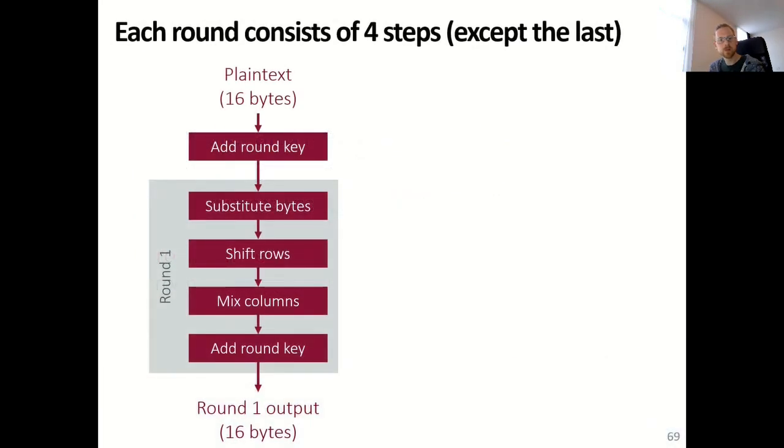So as a brief reminder, here you see how the first round of AES is performed. First, there's an initial transformation of the plain text block, which is 16 bytes large, using the add round key function. Then the first round consists of 4 functions, namely substitute bytes, shift rows, mix columns, and add round key.